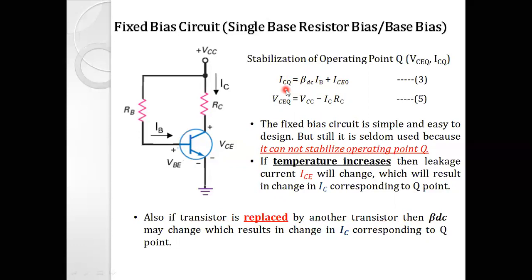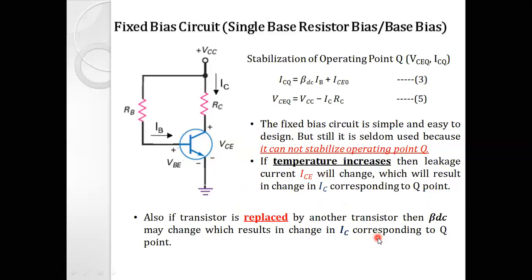If IC changes, the operating point gets shifted from the required location to some other undesirable location. So again, changing the transistor also does not provide stability of the operating point in this fixed bias circuit. Because of these two reasons, these fixed bias circuits are seldom in use. They are rarely used in applications.